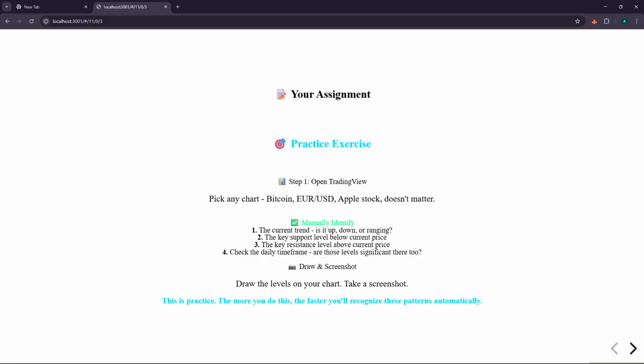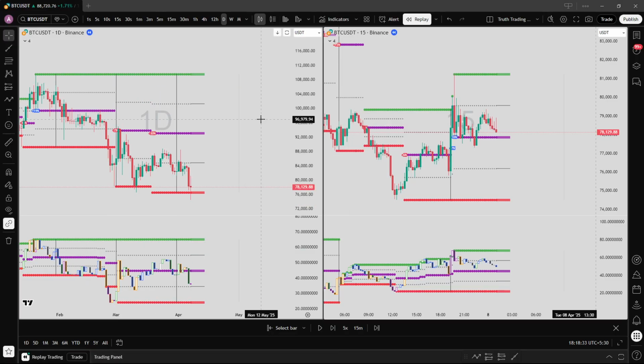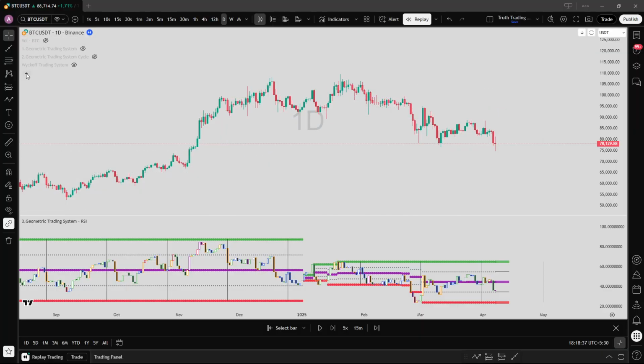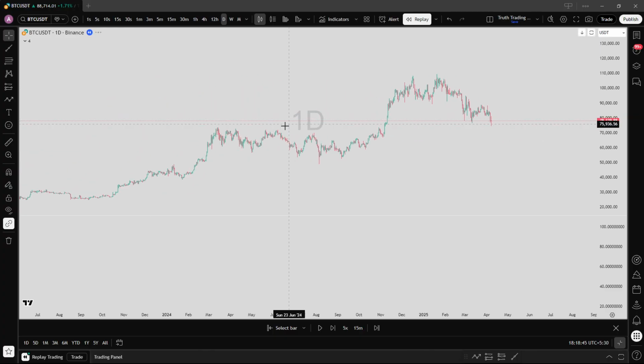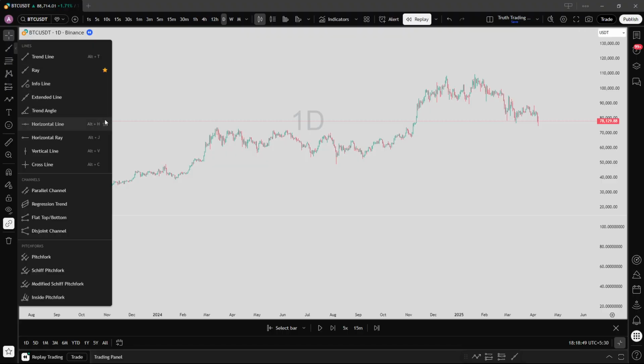And as you practice, I'm going to show you how to use the indicator. So for instance, if I come here and disable this, and I'll disable this as well, this is what we see, and once you zoom out, you can actually mark these levels.